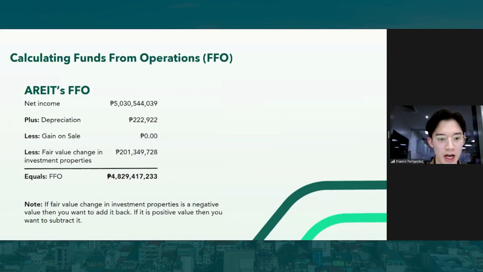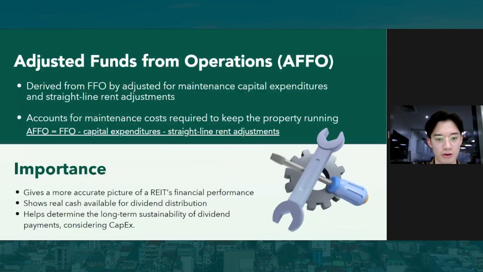To adjust for that, we'd have to subtract it. That equals an FFO of 4.83 billion pesos.